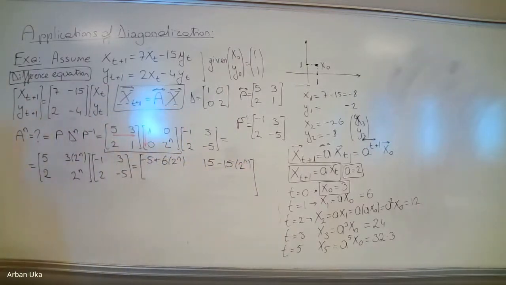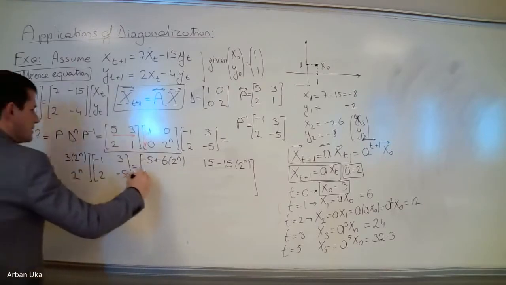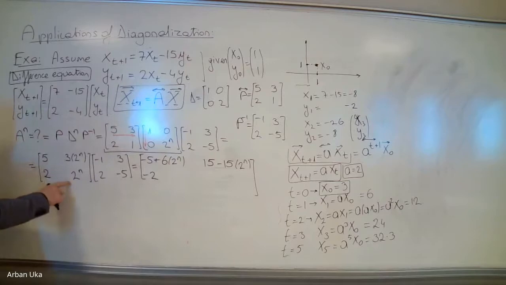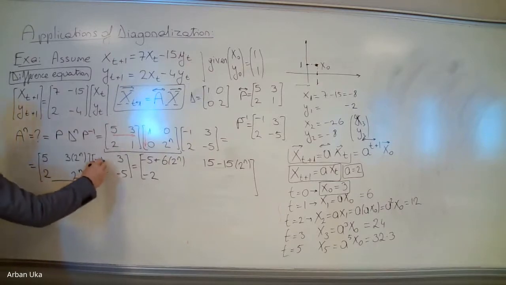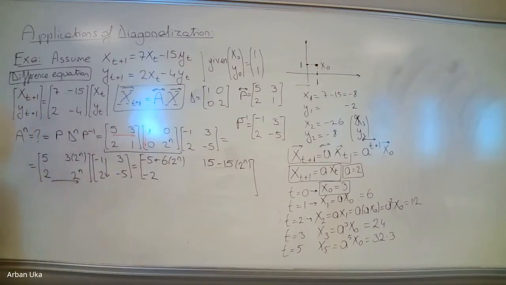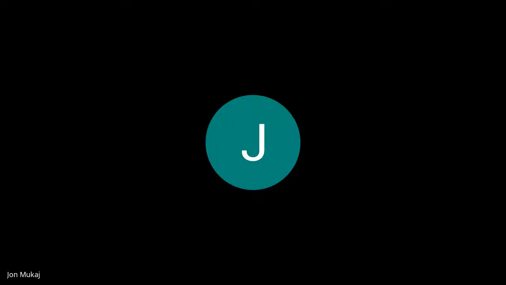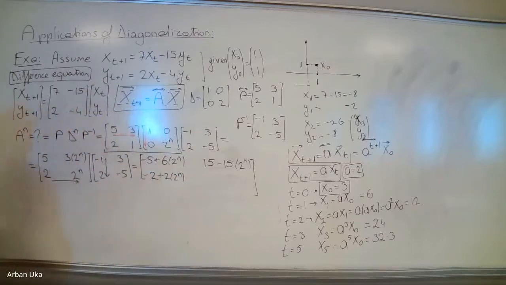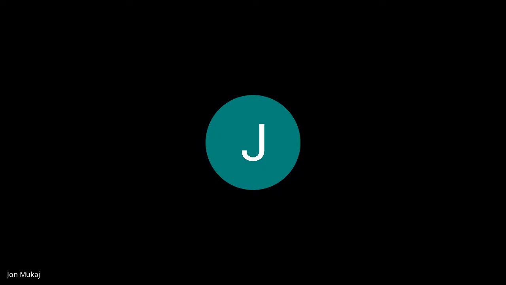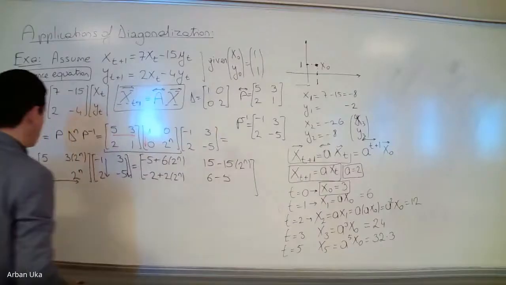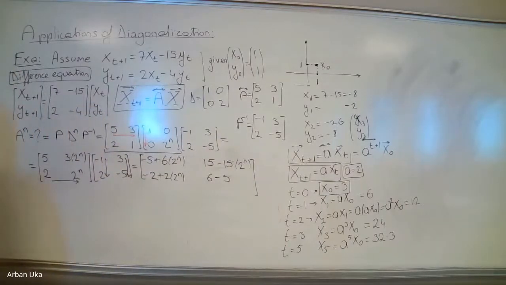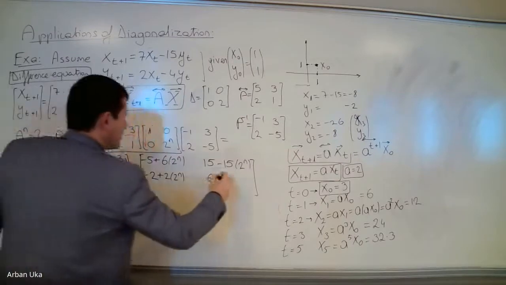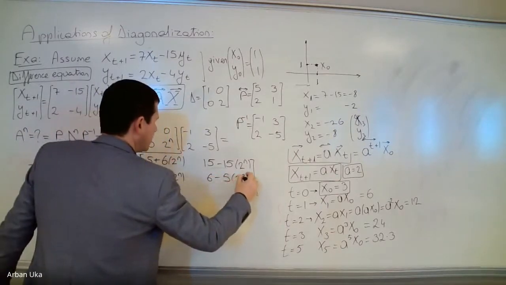Okay, then we multiply, we get here 2, this is minus 2. So we multiply this here with this column, so we get minus 2 plus 2 to the power n. And then we have 6 minus 5 times 2 to the power n. Is it 6? 6 minus 5 is 2 to the power n. That's true. Okay, 2 to the power n.